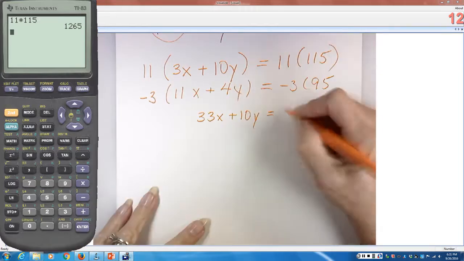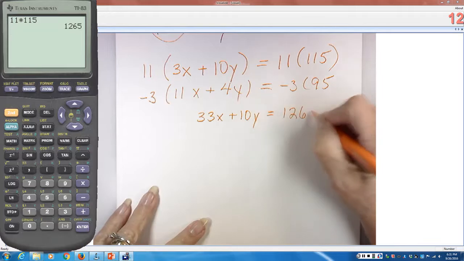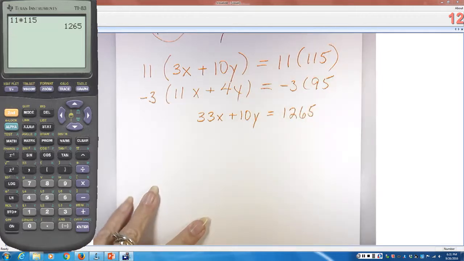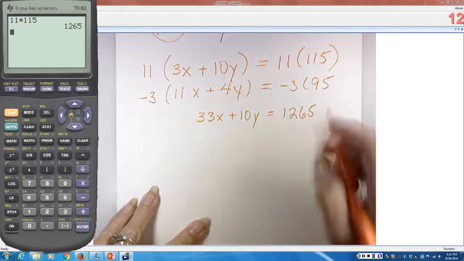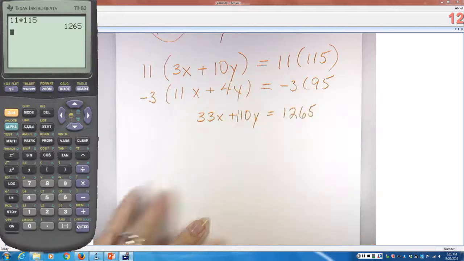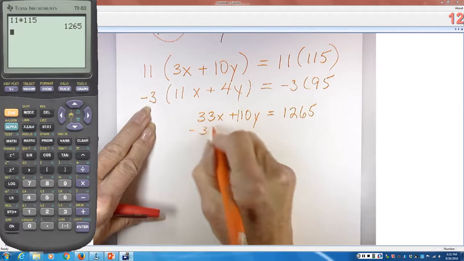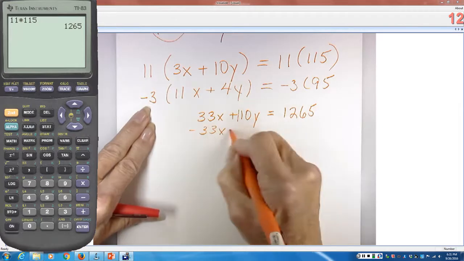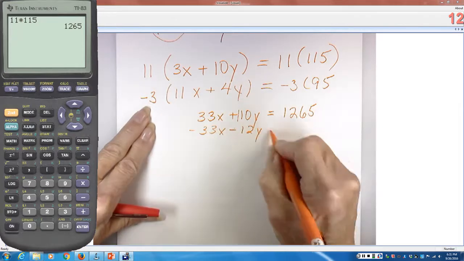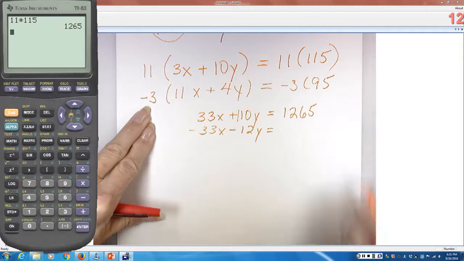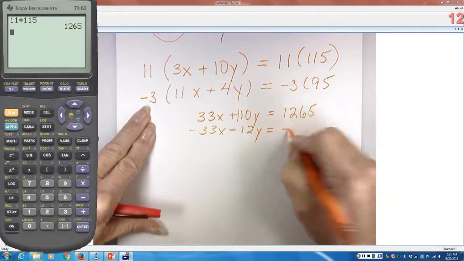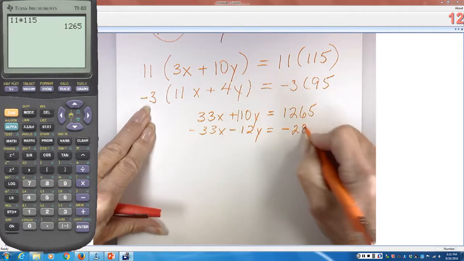Oh, I left out one of my ones. It's 110y, thank you. Okay, then for the other one, I've got negative 33x minus 12y equals negative 3 times 95, which is negative 285.